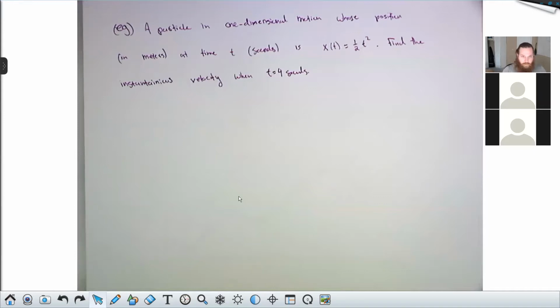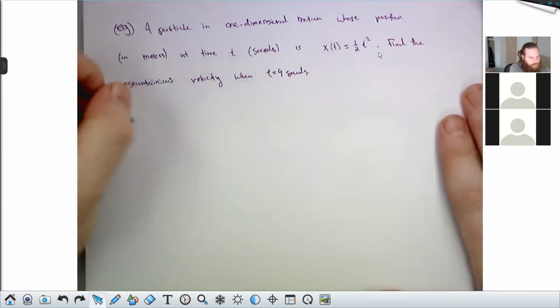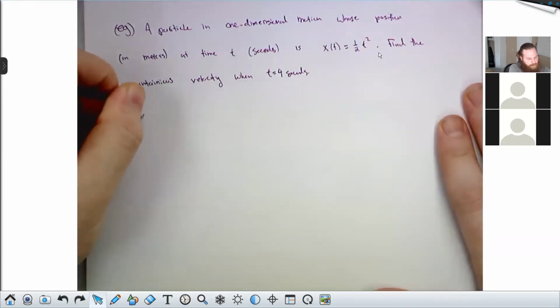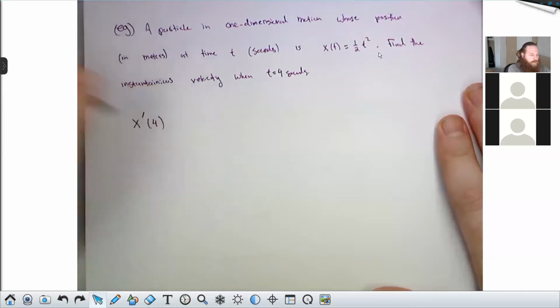Well, the instantaneous velocity is the instantaneous rate of change of position. So I need to find the instantaneous rate of change for this position function. What I'm after is x prime of 4.